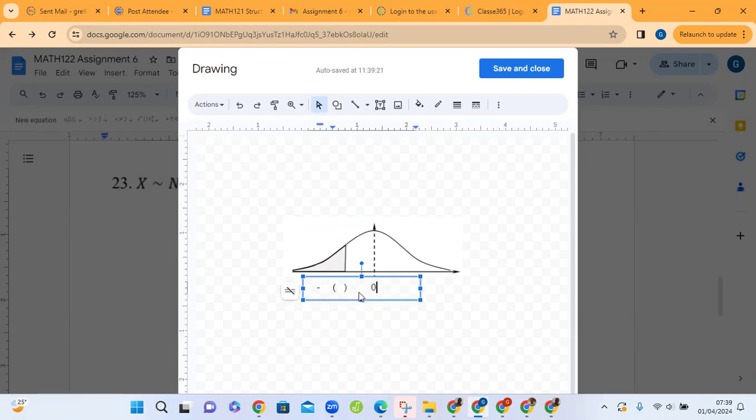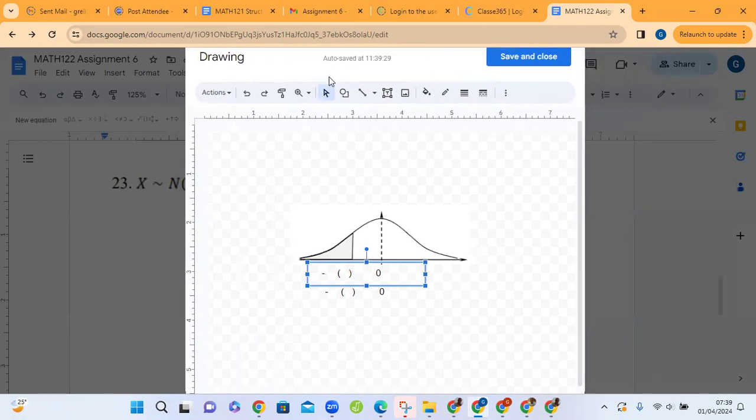0 will be there. By the way, your mean will be here. Your mean is 63. The mean is 63. And x now will be a value that is smaller than 63. That will be your normal curve.